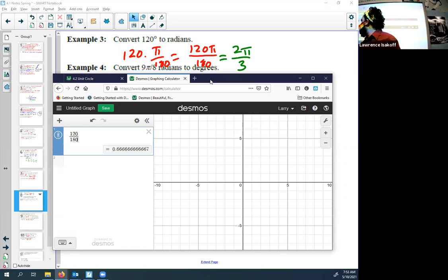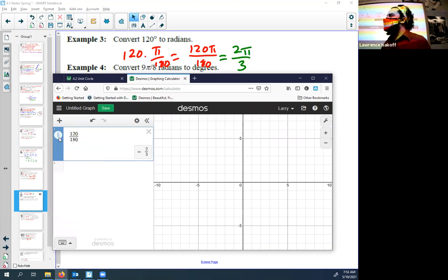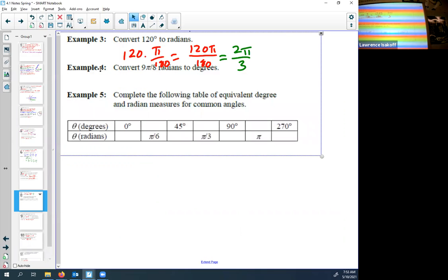That gives me this decimal. I don't want a decimal. I click right here where the little fraction bar is, and it turns it into a fraction. So, oh, that reduces to 2/3. So if there's a pi hanging out in the numerator, that's 2 pi over 3.